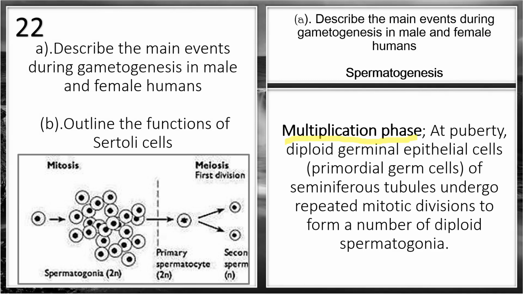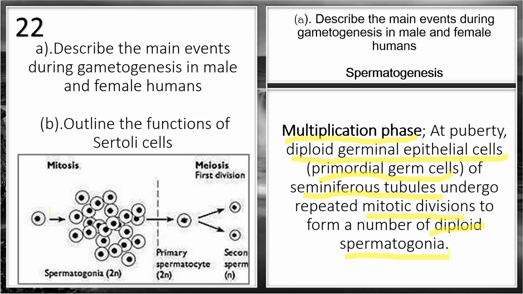Multiplication phase. At puberty, a diploid germinal epithelial cell, which we call the primordial germ cell of the seminiferous tubule, undergoes repeated mitotic division to form a number of diploid spermatogonia.